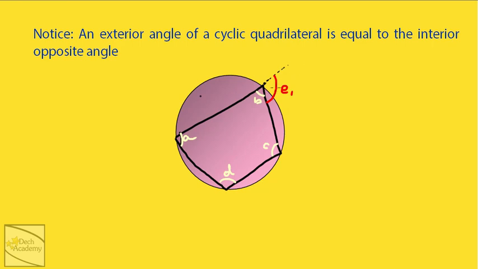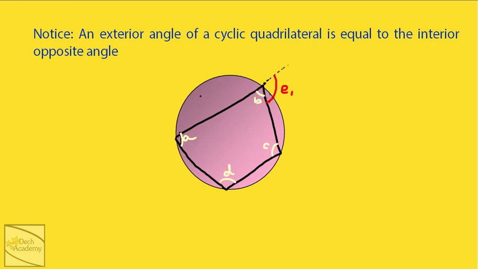How do you work out the interior opposite angle? Well, this E1 is an exterior angle. Its adjacent interior angle is B. The opposite angle to B is D. So the interior opposite angle to E1 is the opposite angle to the interior angle adjacent to E1. I'll take that again in a simpler fashion.